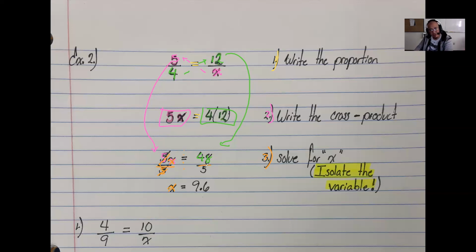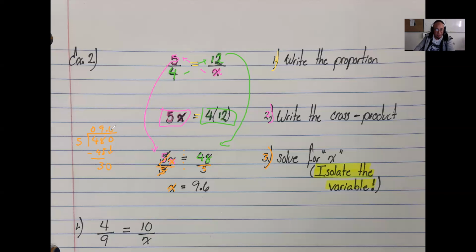48 divided by 5, and I'm going to work that off here on the side. 48 divided by 5. 5 goes into 48 9 times, which is 45. We have a remainder of 3. We keep going. And if you forgot how to divide whenever we have decimals, meaning we don't have an exact answer, remember, we don't do remainders.